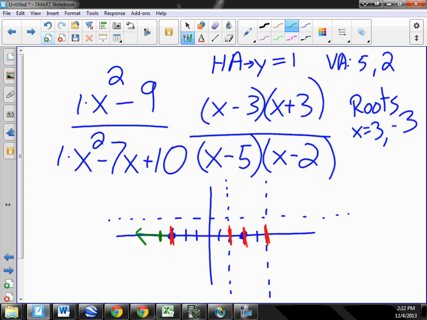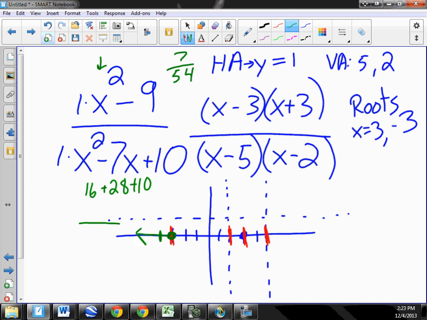So I put negative 4 in here, and I get 16 minus 9 is 7. And then I get 16 plus 28 plus 10, which is 54. Is that bigger or smaller than 1? Smaller than 1. So this is a root.